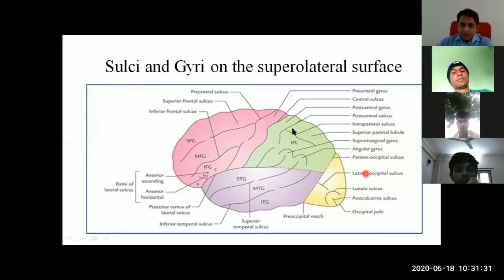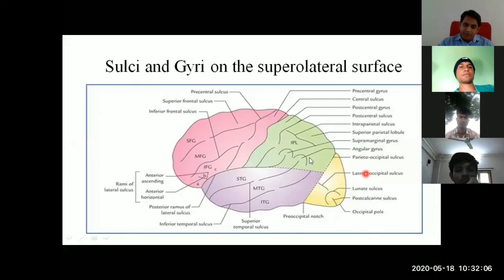Now let us see the sulci and the gyri along the parietal lobe. You can see there is one more sulcus which is running vertically. It's the post-central sulcus, and the gyrus occupied here is the post-central gyrus. The rest of the parietal lobe is divided by this transverse line, called the intraparietal sulcus, which divides it into the superior parietal lobe and inferior parietal lobe.